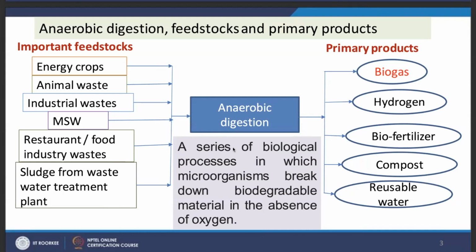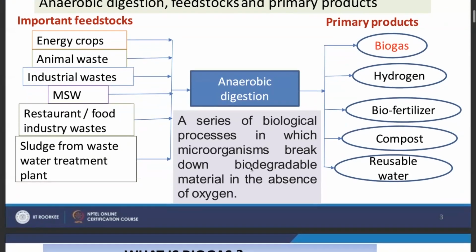It is basically a methane containing gas, also called gobar gas. Then we will get hydrogen, biofertilizer, compost, and we also get some reusable water. Hence, this is comparatively a less energy intensive process, but still it requires some energy for its operation purposes.